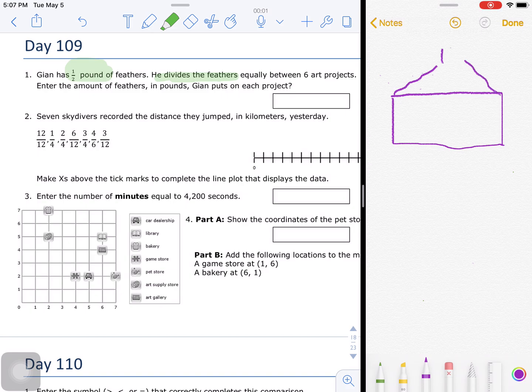And I'm going to start with a pound. And the reason is because we're told that he has a half of a pound. Okay, so this highlighted portion there is what he has. And then he is dividing that equally into 6 parts.